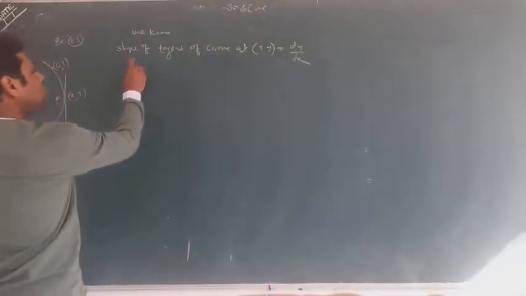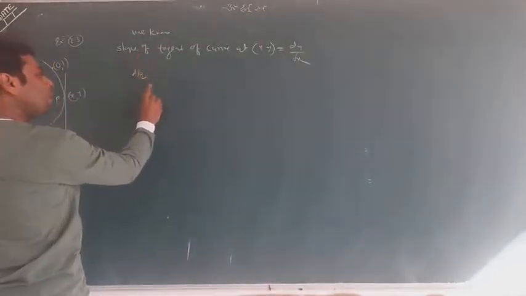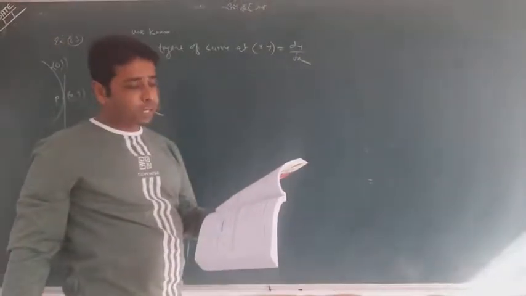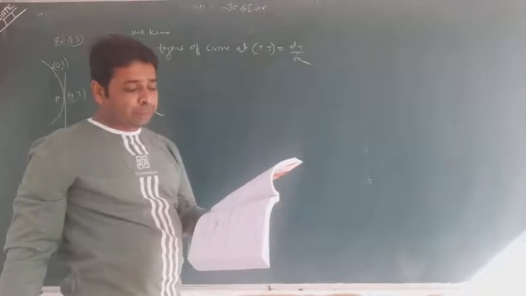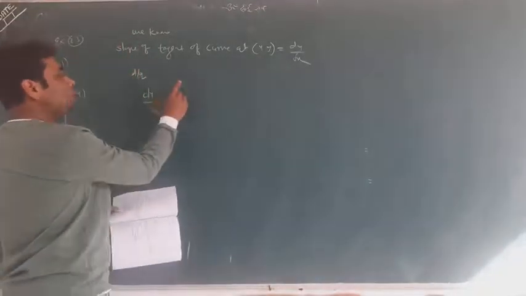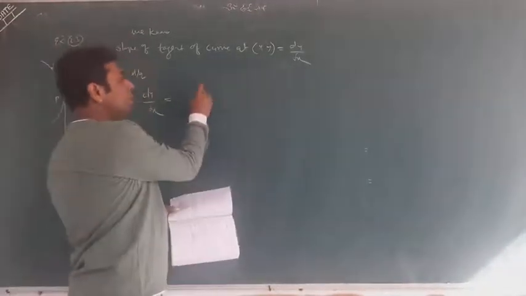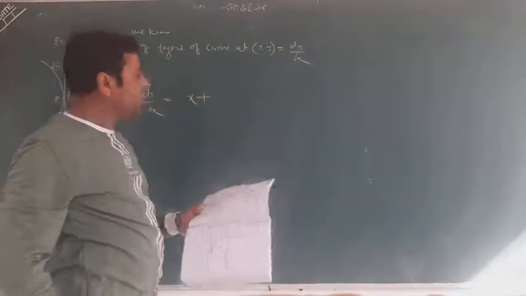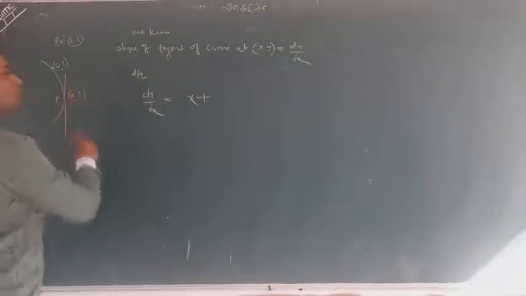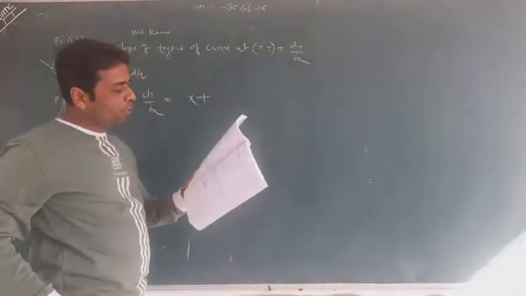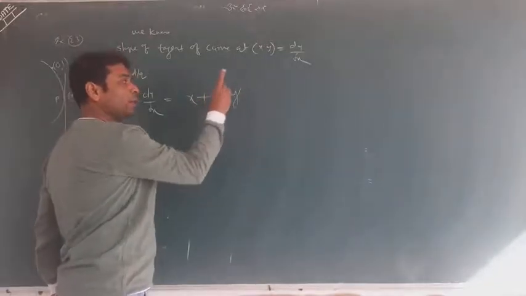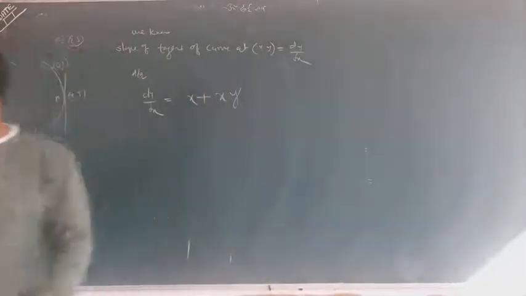So according to the question, the slope of the tangent at the point (x, y) is equal to the sum of the x coordinate and the product of the x and y coordinates. You know the x coordinate is x, the y coordinate is y, so the product is x into y.